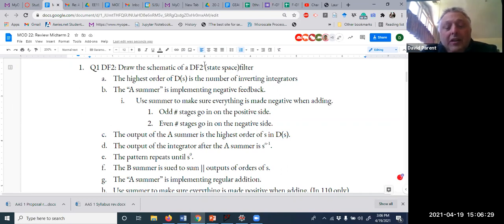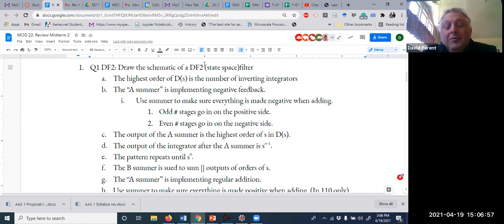So things that I thought were good to remember, and it's almost my grading guide, right? The highest order of the denominator is the number of inverting integrators you need, right? The A summer, which is, in general, the first summer you draw, you're implementing negative feedback. And what that means is that every item needs to be negative when you add it.